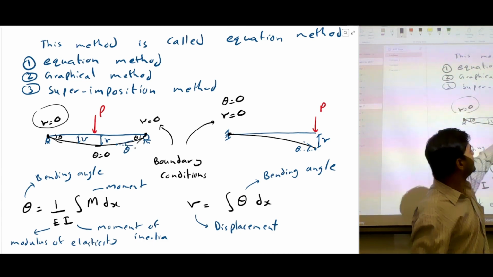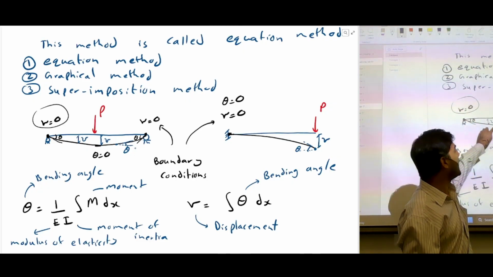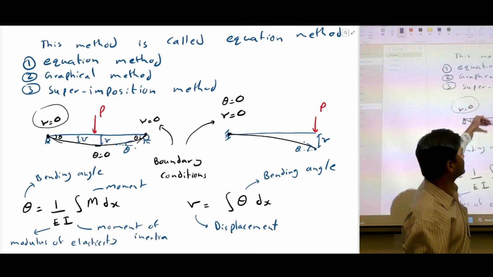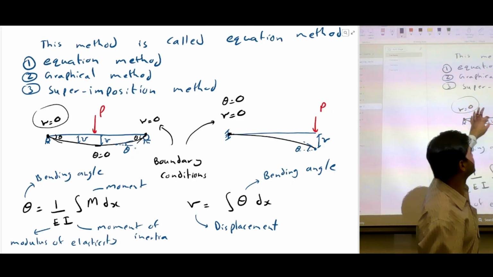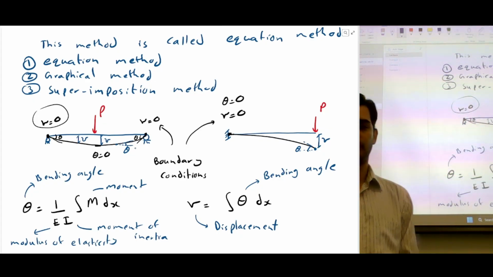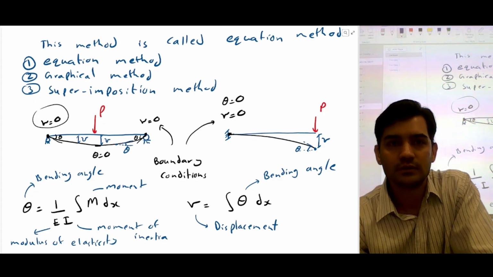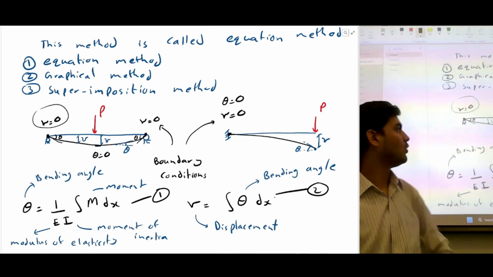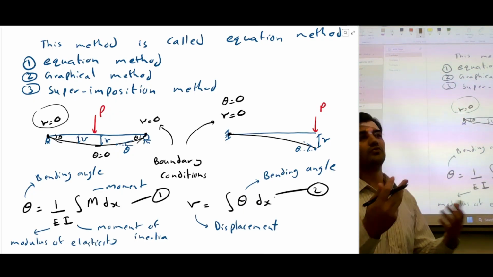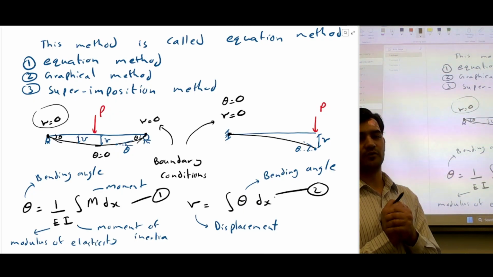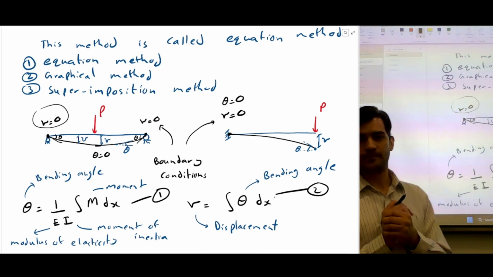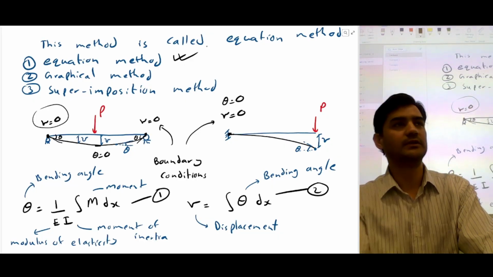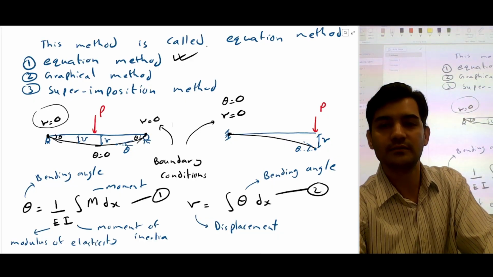So at any point, the slope is the bending angle, and the vertical displacement, because of the deformation from the shear forces and bending moment, is called displacement. This is equation 1, this is equation 2. We will use these two equations to calculate deformations, and this method is called the equation method, which we will use today.